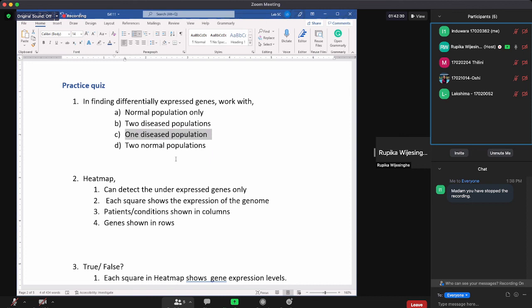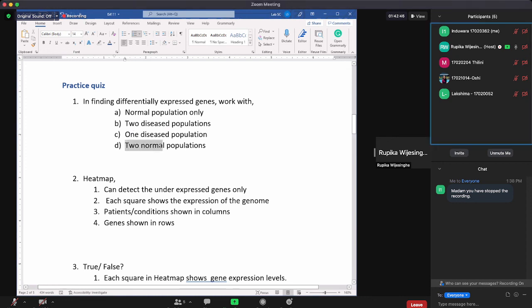When you have cancer, there are stages, stage 1, 2, 3, 4, at different stages. You can check the expression values.